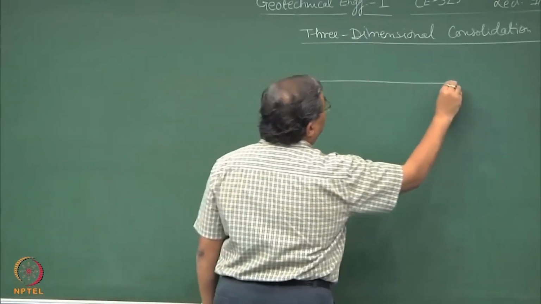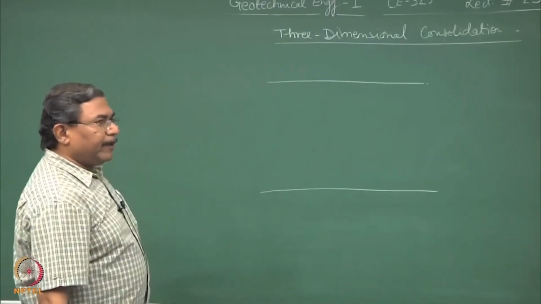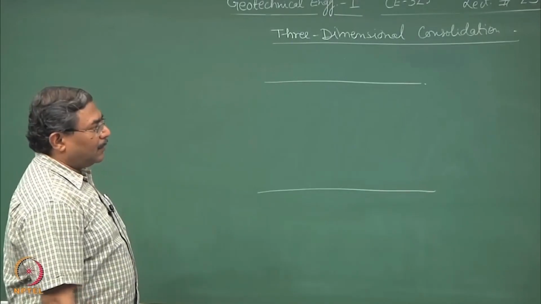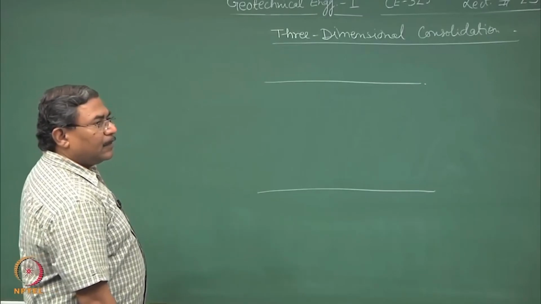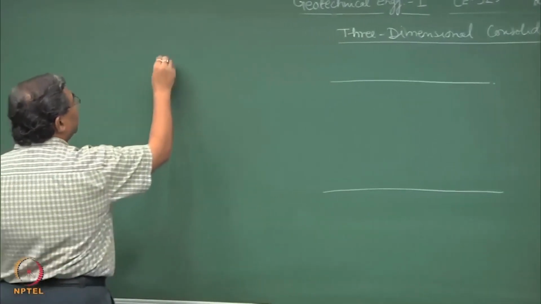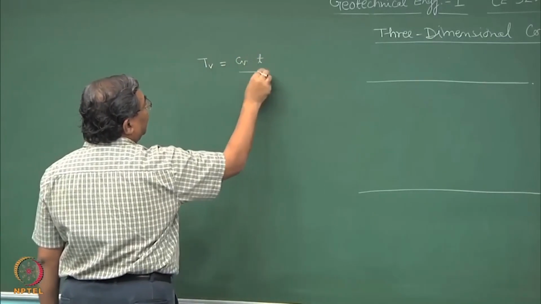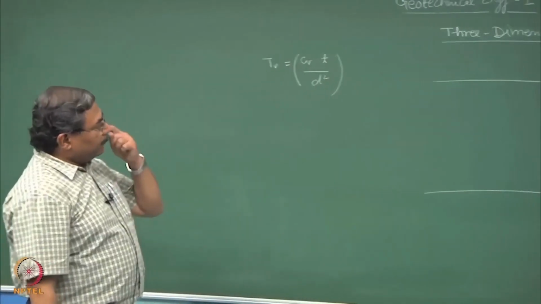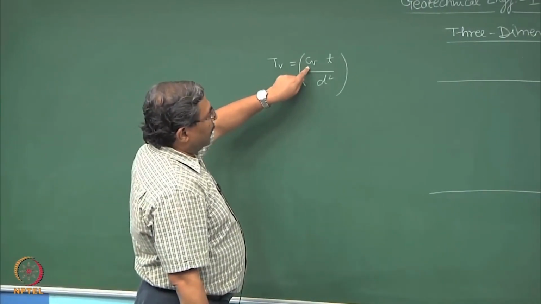So, suppose if this is the ground and if I wait for one dimensional consolidation to occur, this will take me several hundreds of years or tens of years. Rather, what is done is, if you realize that this equation indicates that if I want to achieve quick consolidation, what I should be doing?